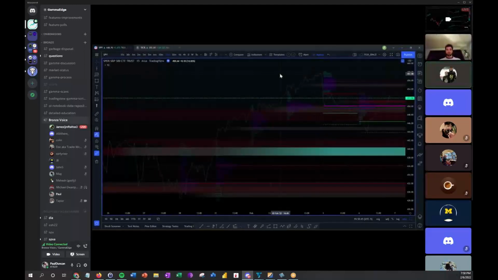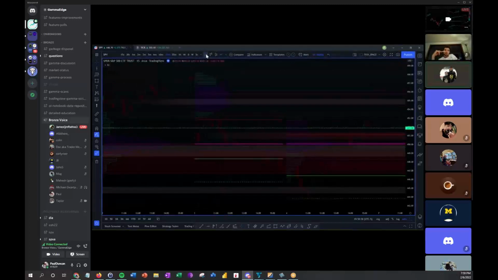Someone else laid the groundwork for the beginning of this one, but this is a profile that I then took and made my own. And this is actually yesterday's profile laying over today's price. So it just makes life easier. So you can see where your resistance is basically. So anyways, yeah, we'll talk more on that.